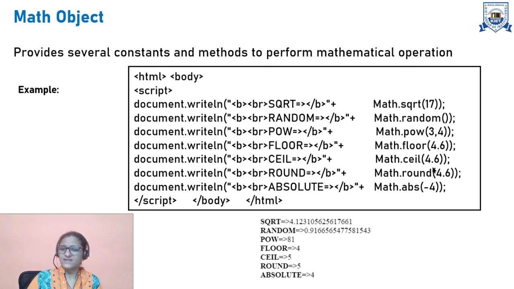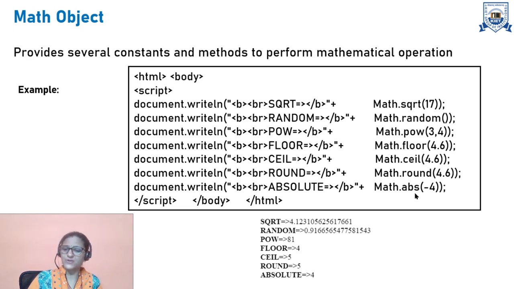Ceil, 4.6, it will return the highest value, 5. So after the decimal, it will look for the value 5 or greater than 5. So for 5, it will return the greatest value, the max value, ceil. Then the round method is there, and abs.